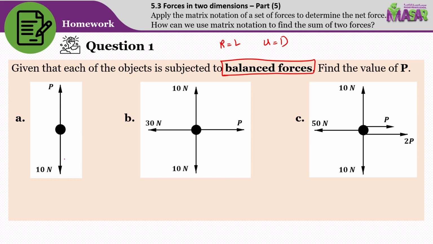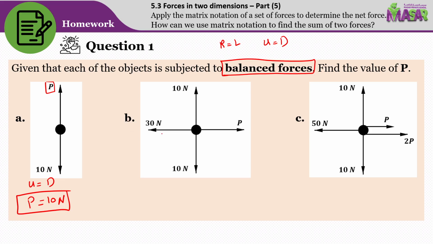Now in the first case, it's obvious that we're going to use the information from the text, the balanced forces, in order to find P. Now P is along the vertical, which means we're going to use up equal down. Up we have P, down we have 10, and that's it. We now have the value of P.